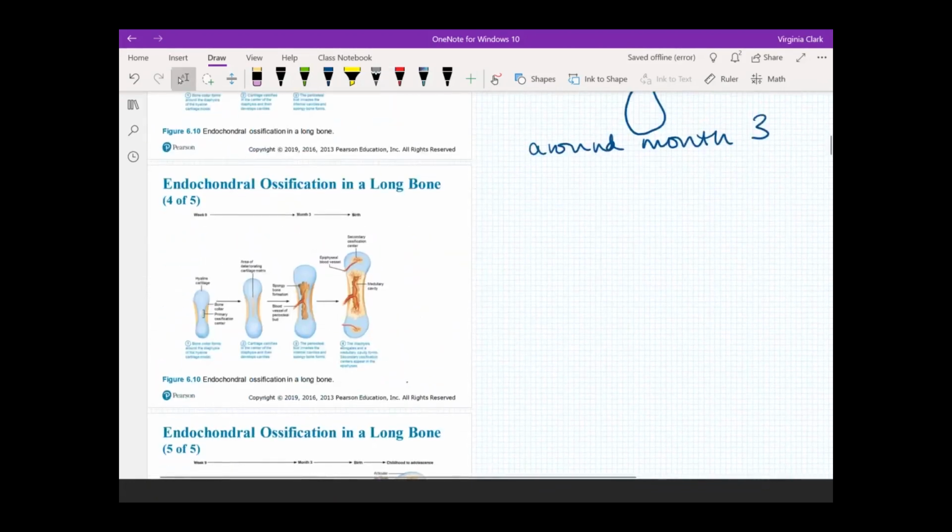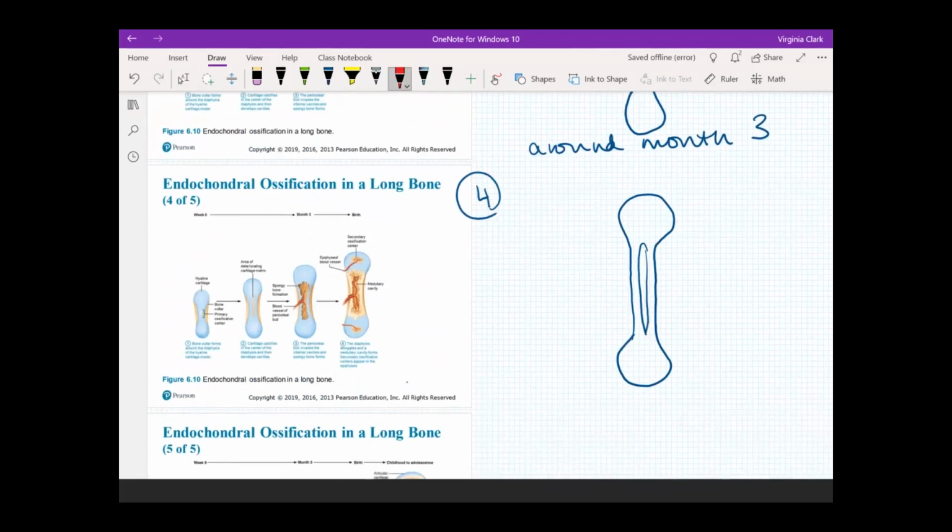Okay, so then the next step, what we're going to do with our endochondral ossification is we have our diaphysis, our epiphysis. It is all cartilage right now. We've got our medullary shaft in the middle that's been hollowing out this whole time, and we have our periosteal bud that is now in the middle of this.